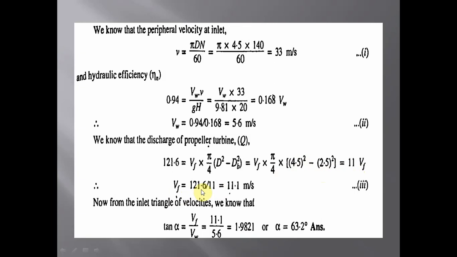So Vf equal to 121.6 divided by 11, that is 11.1 meters per second. Now from the inlet triangle of velocity, we know that tan alpha is Vf divided by Vw, that is 11.1 divided by 5.6, that is 1.9821, so alpha is equal to 63.2 degrees.